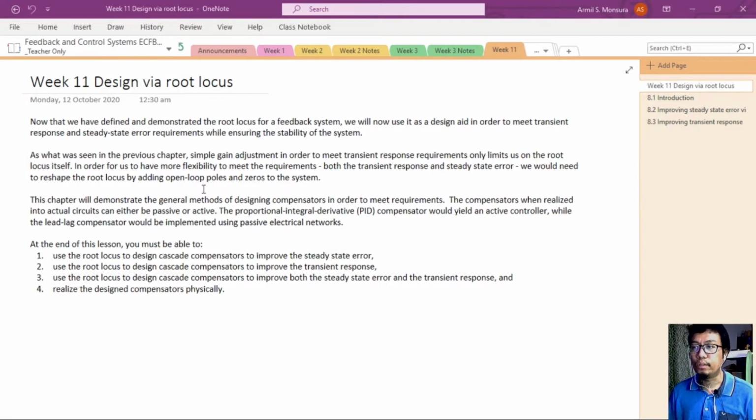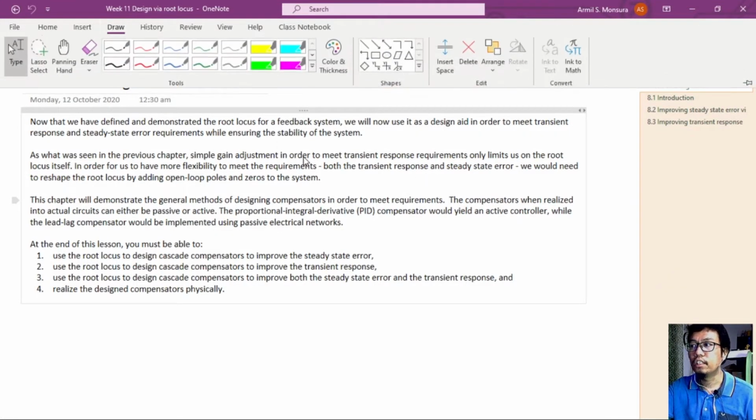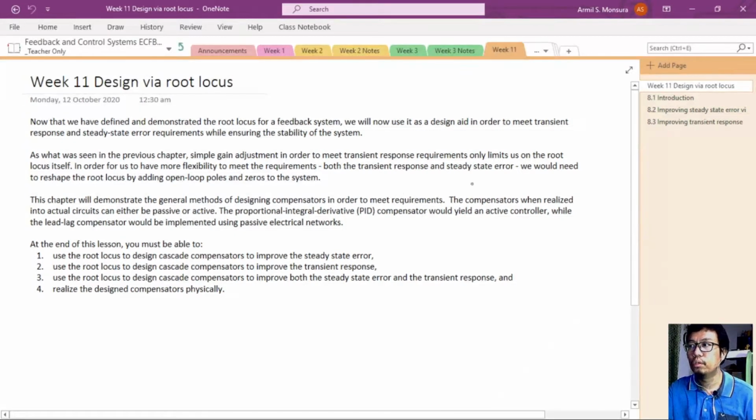But if we would like to be more flexible in meeting your requirements, both in terms of transient response and steady state error, then we would need to reshape the root locus, and that is accomplished by adding poles and zeros to the system.